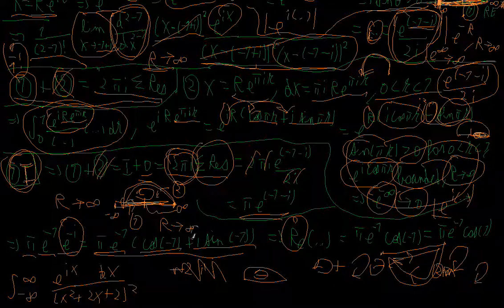So we ignore this i sine of minus 1 because there is an imaginary number here, and so we're only left with pi e to the minus 1 times cosine of minus 1, okay? That is the real part.